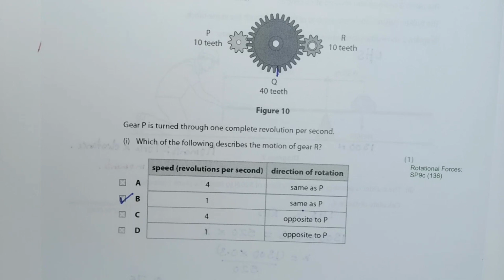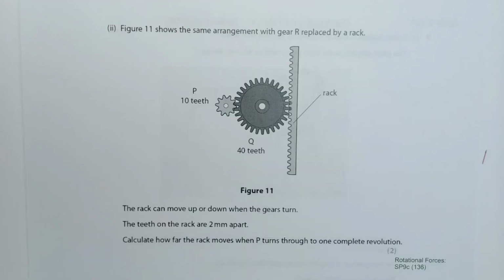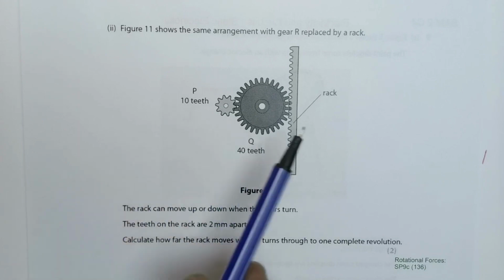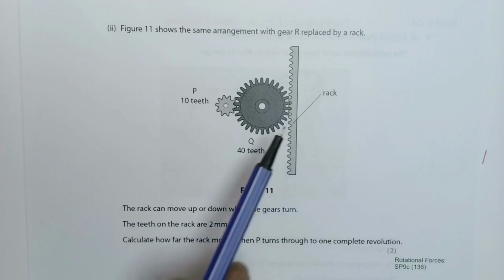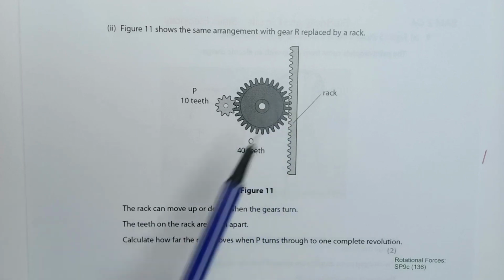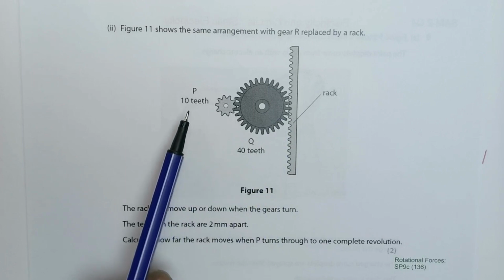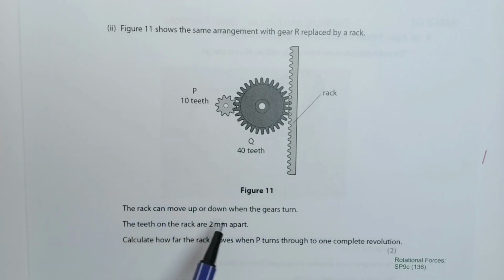Next question. Question 8B part 2. Figure 11 shows the same arrangement with gear R replaced by a rack. So now instead of R you have a rack here, which will move vertically upwards. The rack can move up or down when the gears turn. The teeth on the rack are 2 mm apart. Calculate how far the rack moves when P turns through one complete revolution.